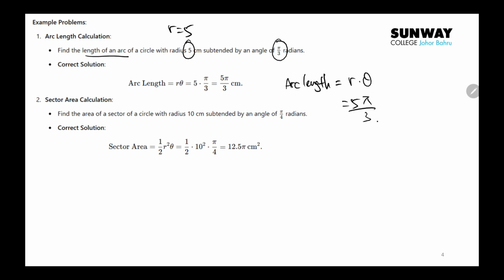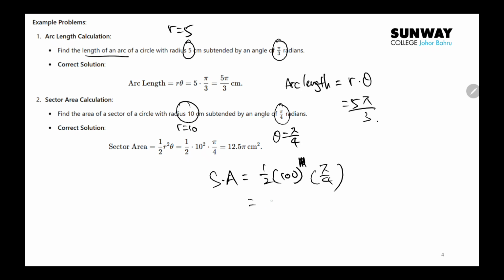In the second example, where you were asked to figure out the value of the sector area, radius is 10, so r equals 10, angle is pi/4, so sector area is equivalent to 1/2 times 100, because that is 10 squared, multiplied by pi/4, and that's how you will get 12.5 pi.